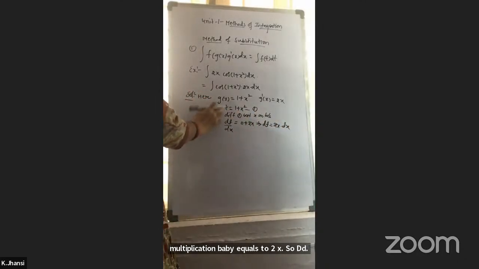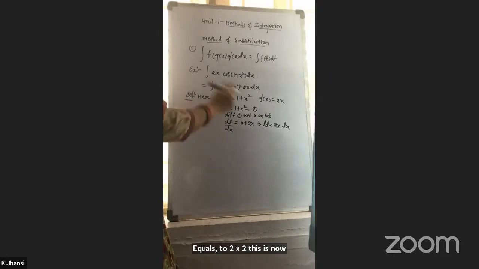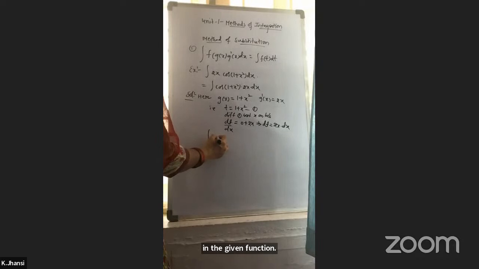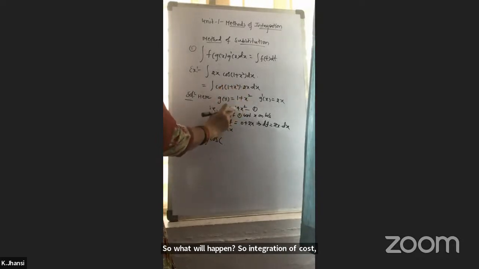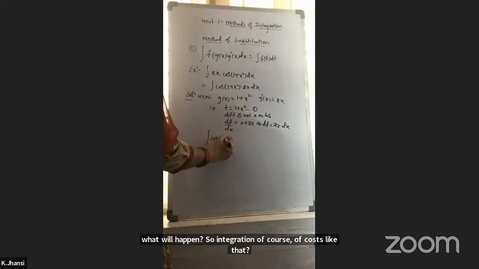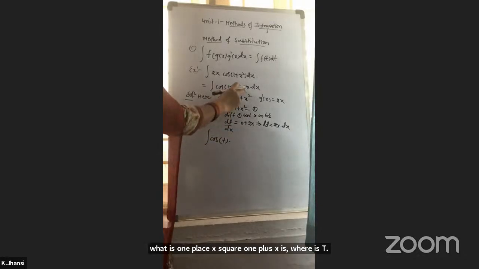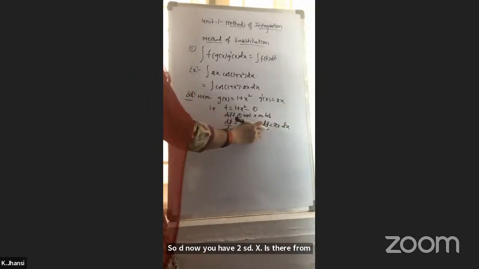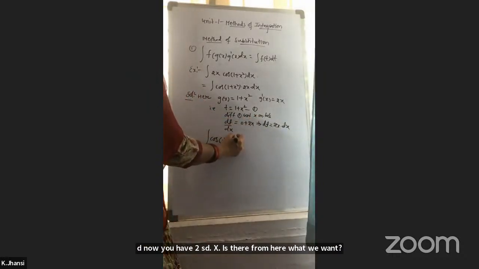Now substitute all this in the given function. So the integration of cos, what is 1 plus x square? 1 plus x square is t. Now 2x dx is there, and from here we got 2x into dx is dt.